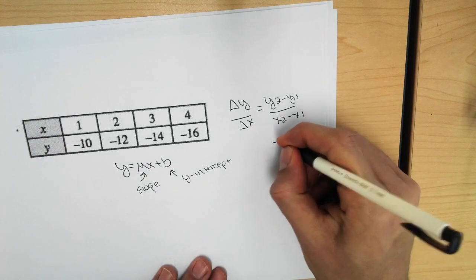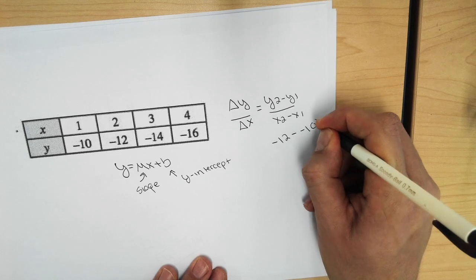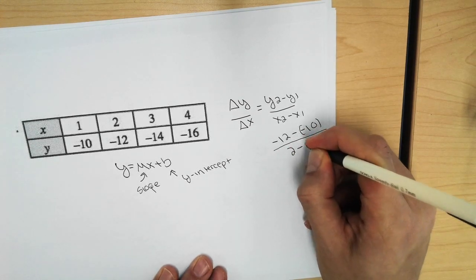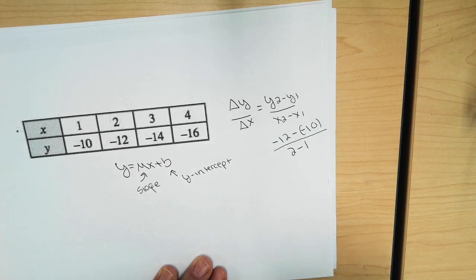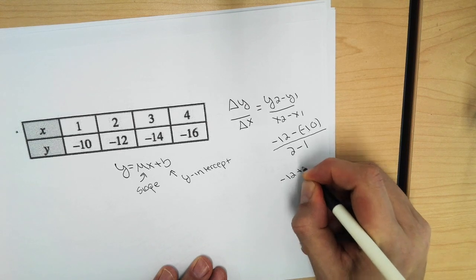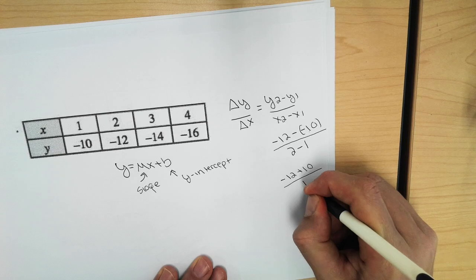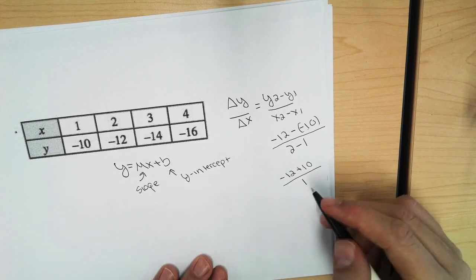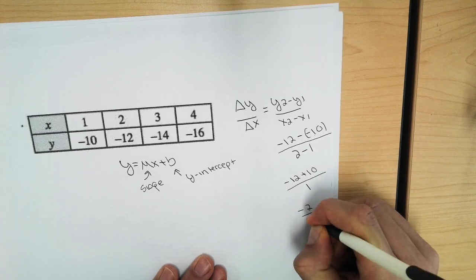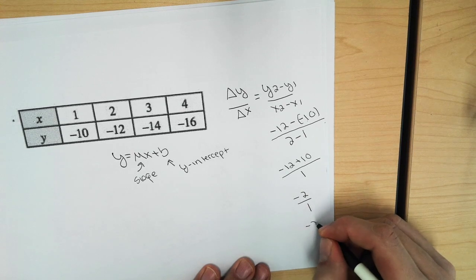So I have minus 12 minus a minus 10 over 2 minus 1. I simplify the top first to get minus 12 plus 10 over 1. Finally, I have minus 12 plus 10, which is equal to minus 2 over 1. And minus 2 over 1 is just equal to minus 2.